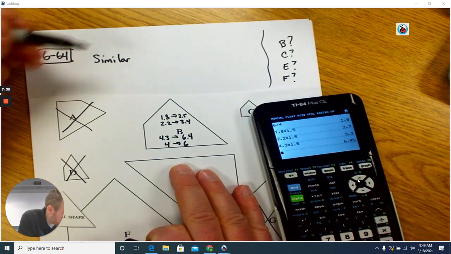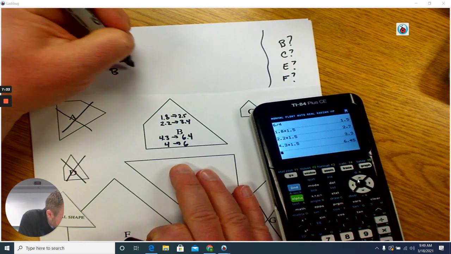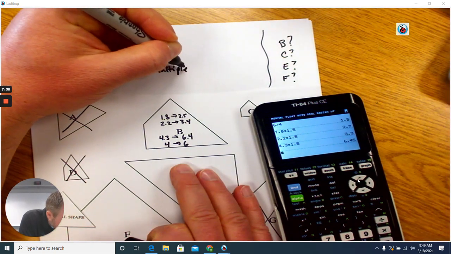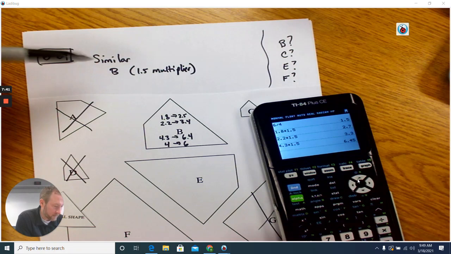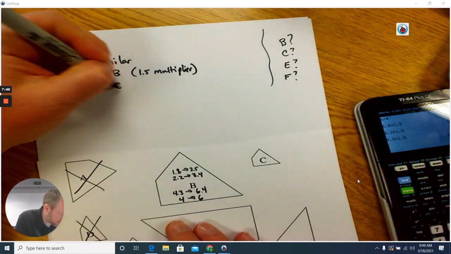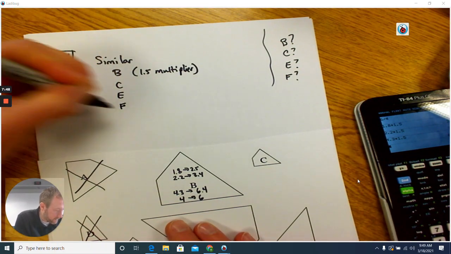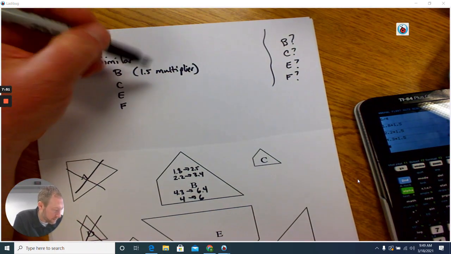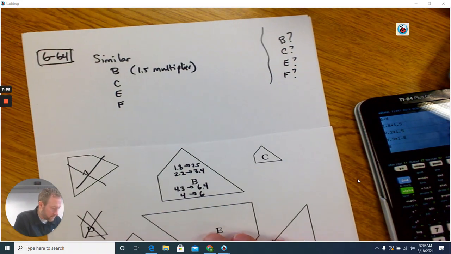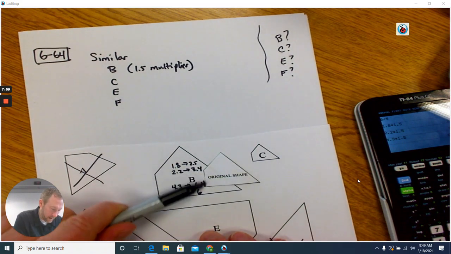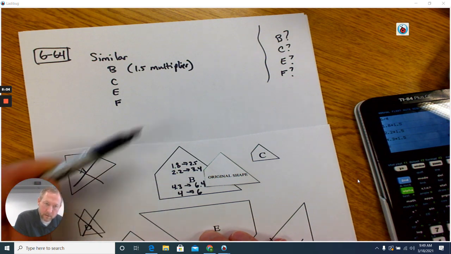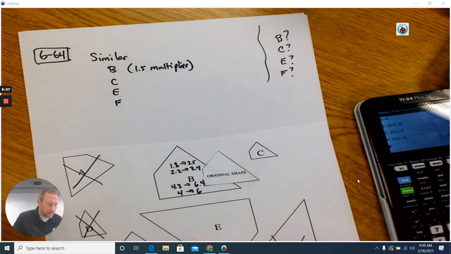So for my results, B is similar, and I'm just going to put a 1.5 multiplier in parentheses. So go ahead and finish, but the assumption is C, E, and F are also going to be similar, and we just need their multipliers. The way you find the multiplier, what do I multiply my original shape by to get my new shape? For B, it was 1.5.